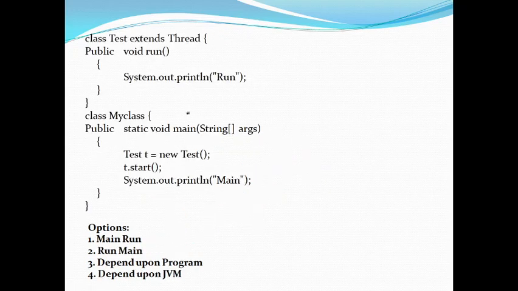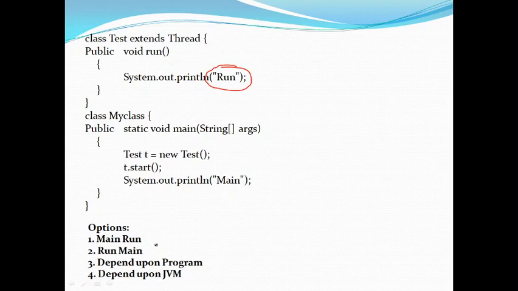Next, see this program. What is the answer for this program? What we are doing here is, again I have a test class. Within that I have a run method. It is printing the simple message run, and here I have Test t equal to new Test. I am calling t.start here. Everything is correct about the program. So what is the output of the program?